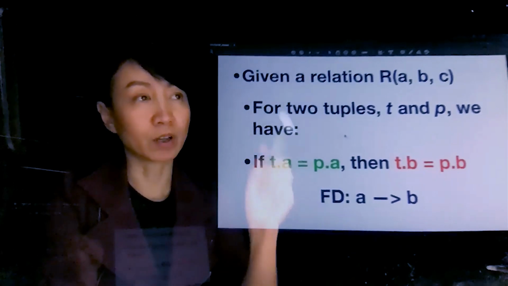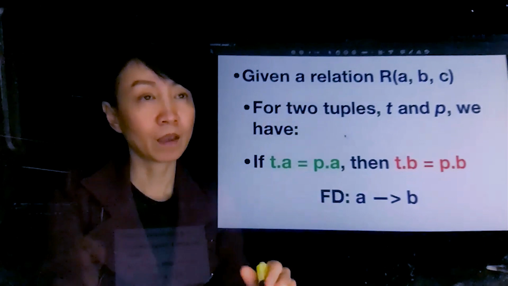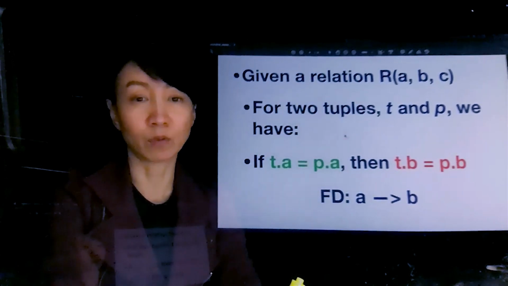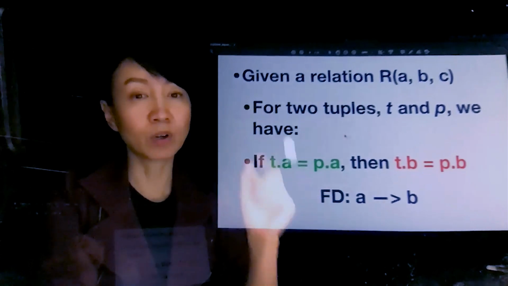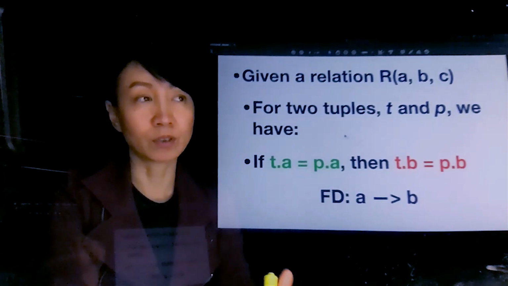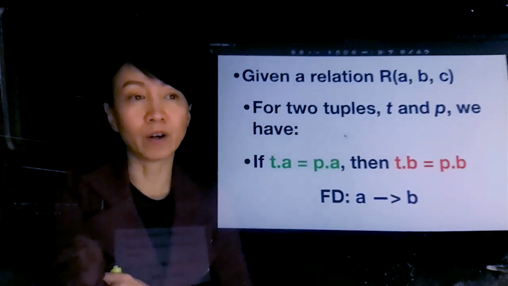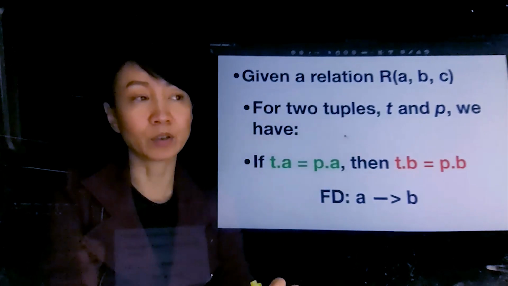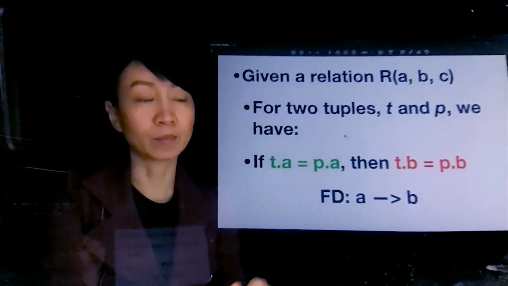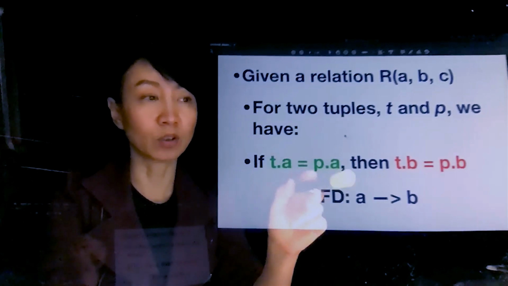A given relation R has three attributes, A, B, and C. This is an observation from a sample data of relation R. For any two tuples, tuple is just rows, for any two rows T and P, if T and P have the same value for A, they must have the same value for B. According to this condition, we can claim we have a functional dependency, which is A determines B.